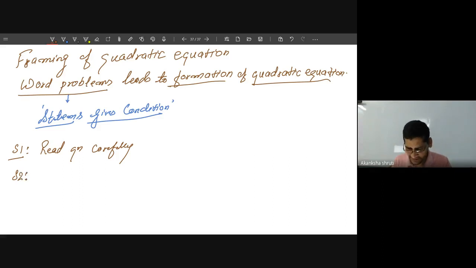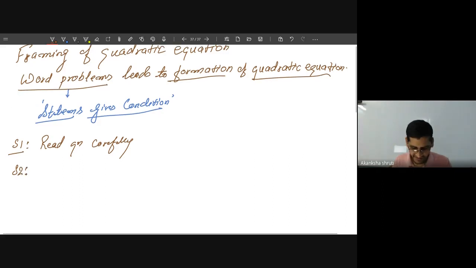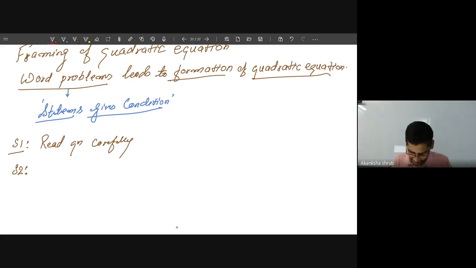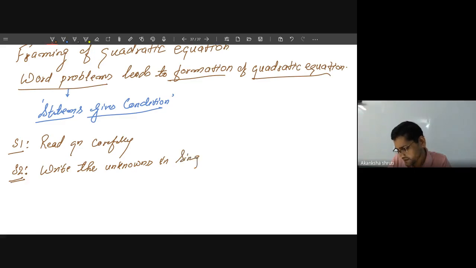Next step is, after reading, you have to consider the unknowns. Even if more than one unknown appears in the question, write the unknowns in a single variable.